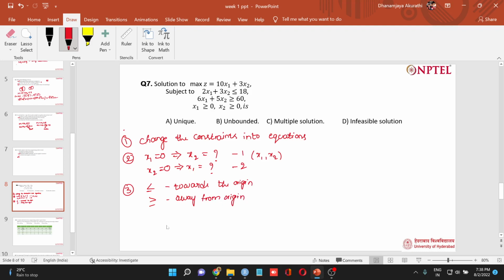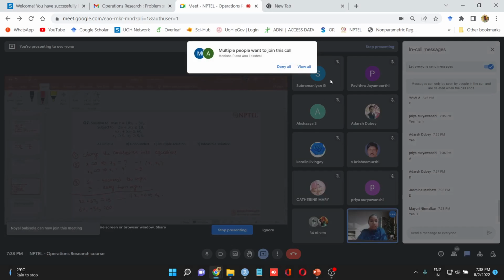In the given problem, the constraints are 2x1 plus 3x2 less than or equal to 18. We change the constraint into an equation, and likewise 6x1 plus 5x2 equal to 60. In this equation, first we assume x1 is equal to 0, so x2 is equal to what? Answer in the chat box.